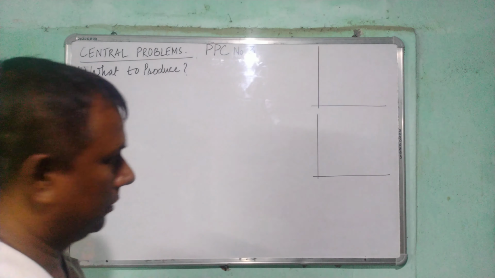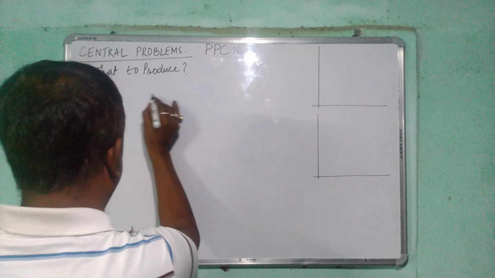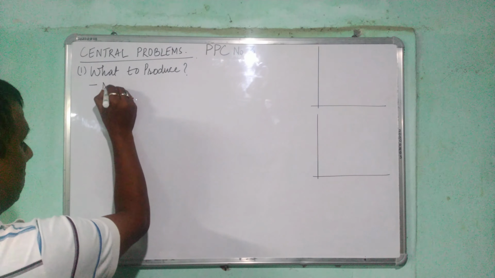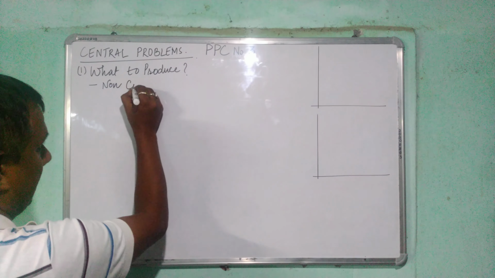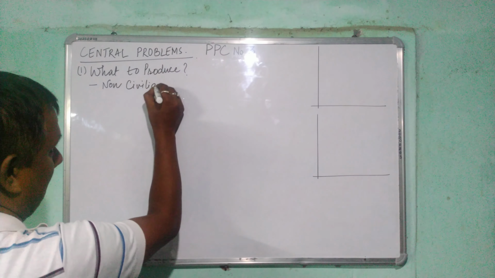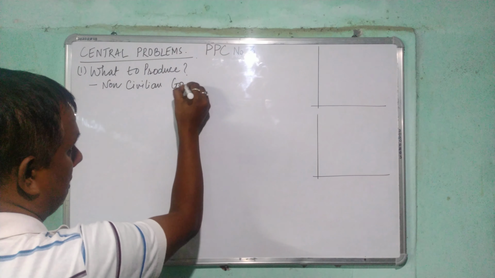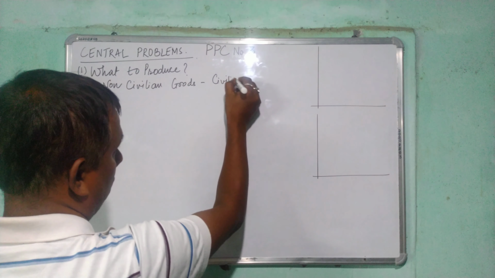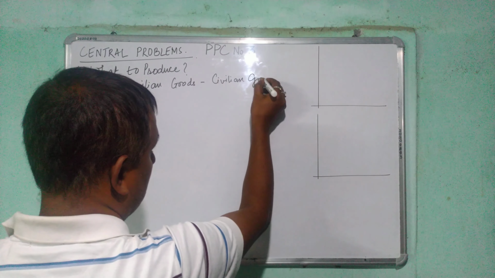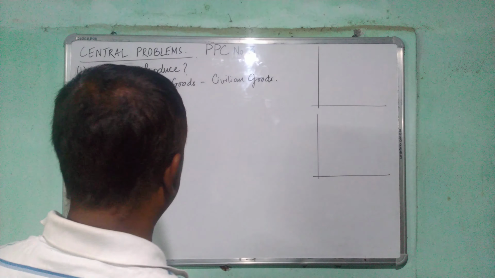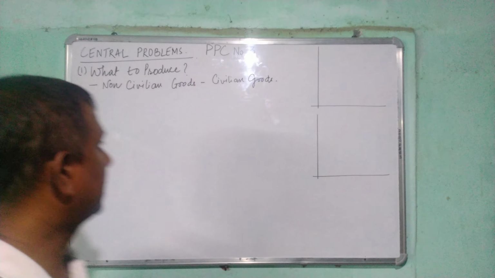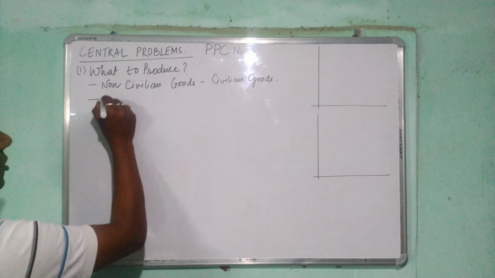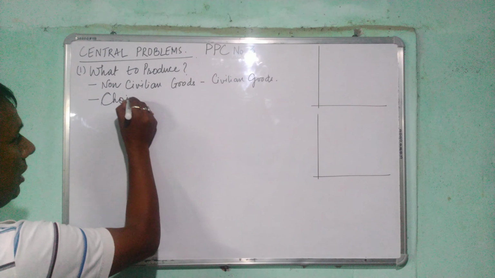Whether we have to produce non-civilian goods or civilian goods. यानी यहाँ पर the problem of choice. क्या चुनाव करें.